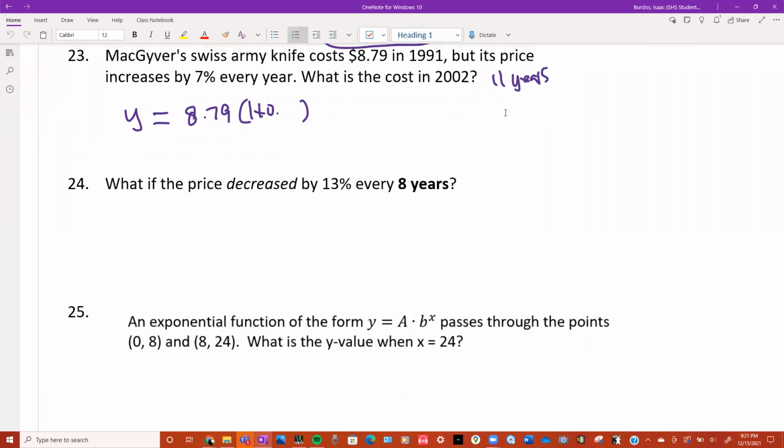We do 1 plus the percent always for that, so it'd be really 1.07, and then we plug in 11 for X, so 8.79 times 1.07 to the 11th power. The cost in 2002 is going to be $18.50.